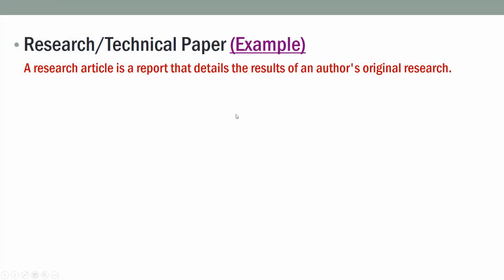So in one line, if you want to understand what a research article is, it is a report or paper highlighting the original results of the research. Then the second paper which you can write is a review paper. A review paper doesn't include any numerical results or graphical results.